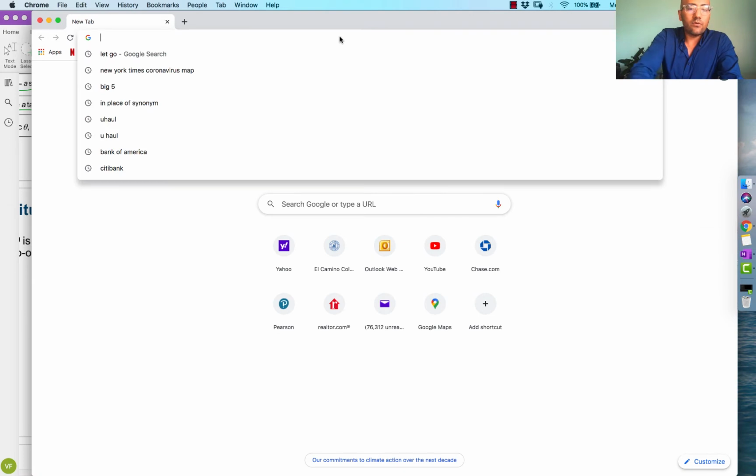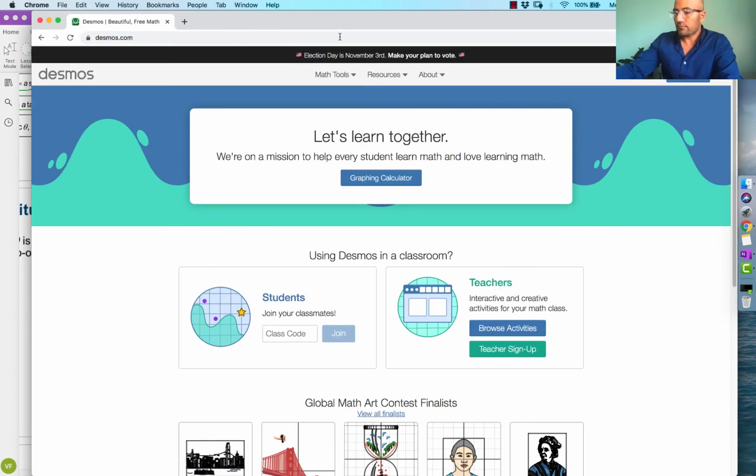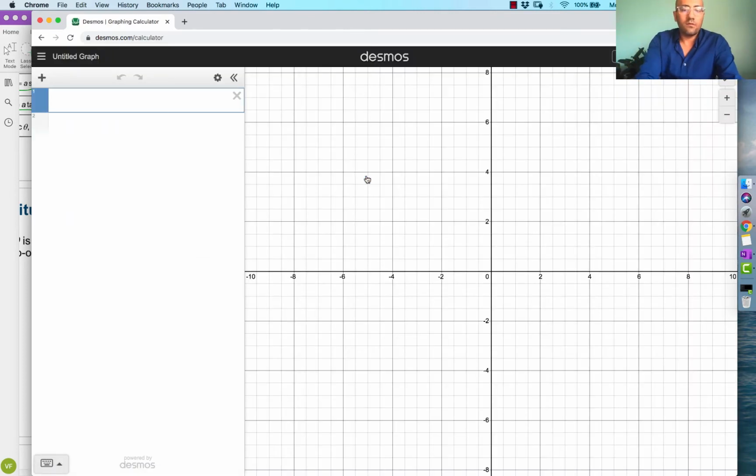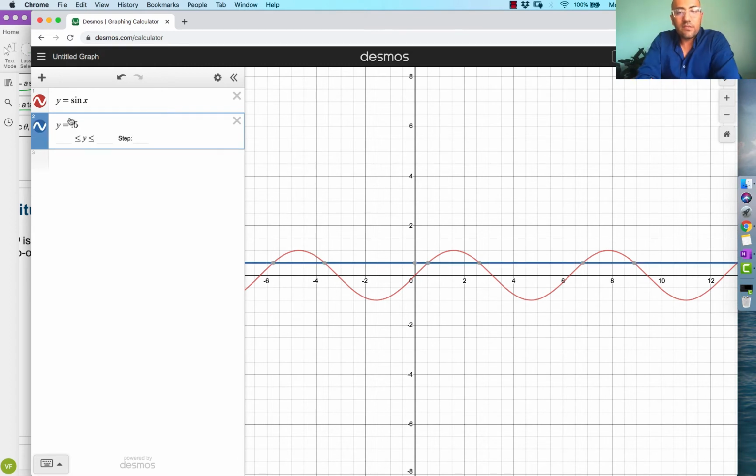Let's go to Desmos, desmos.com. So we can do y equals sine of x, and there we go, that's the sine function. And if we do something like y equals 0.5, for instance, we know that sine of pi over 6, sine of 30 degrees, is equal to 0.5.